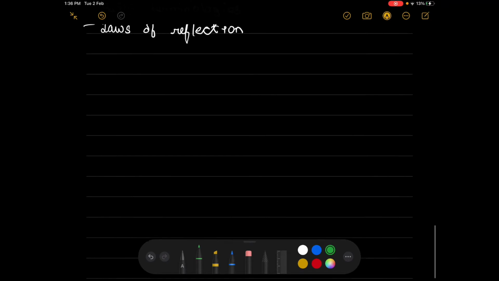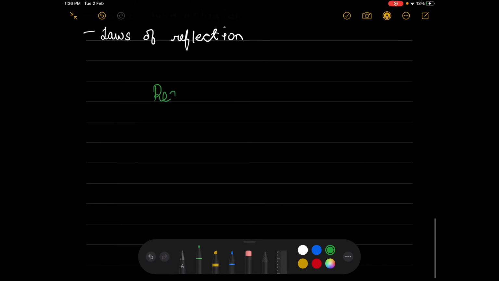So the first thing, regular reflection. So you think, what is reflection? Okay, reflection is basically the bouncing back of light after striking a surface into the same medium. Are you getting it? Let me repeat it once and write it here.